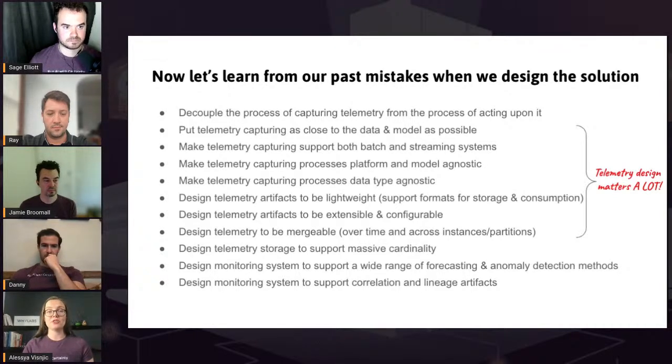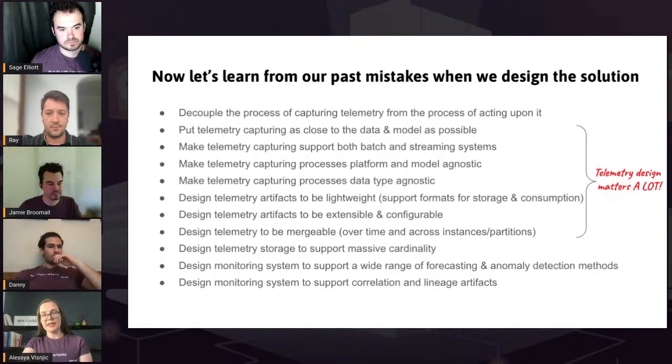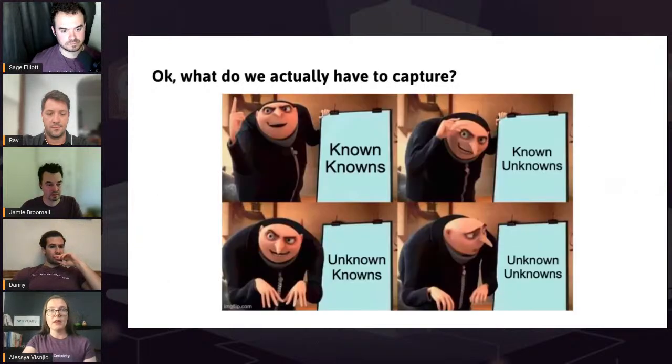When we kind of exhaustively put it together, we noticed that this telemetry piece is super important, and it is pretty generic. Building a solution that gathers telemetry from an ML and data system generalizes pretty well across all these design requirements that we've gathered from conversations with data scientists and managers and ops people.